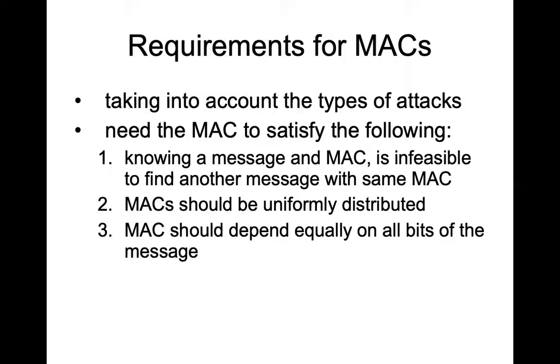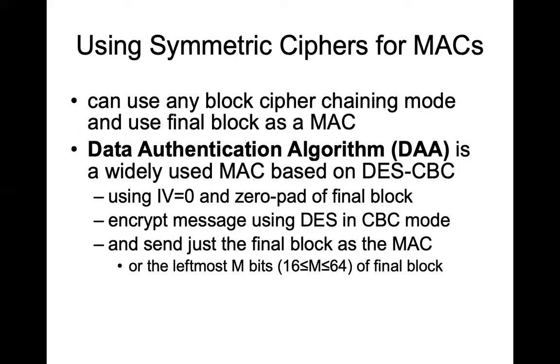And the MAC should depend equally on all the bits of the message, right? It's not like you should be able to compute the MAC only with some bits of the message. Then what the attacker can do is keep those bits the same and replace the rest of the message. Okay. So you can use symmetric ciphers for MACs.